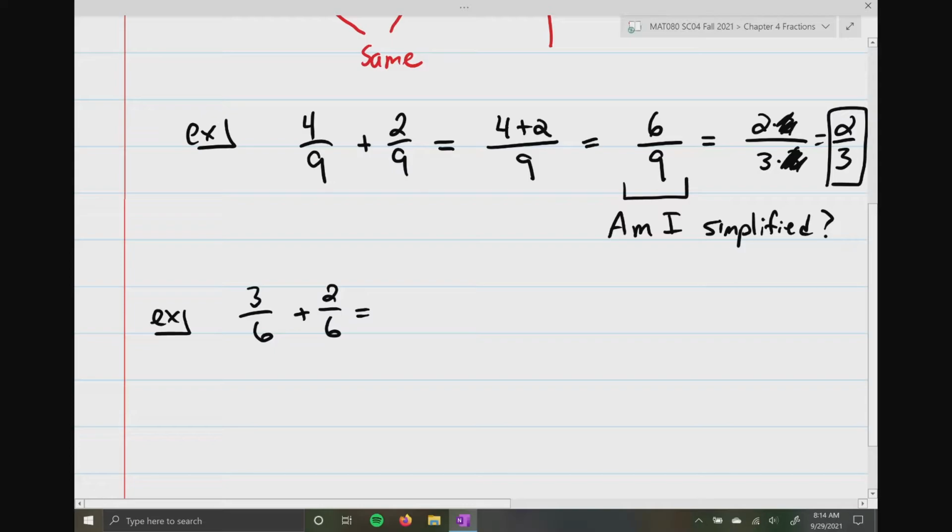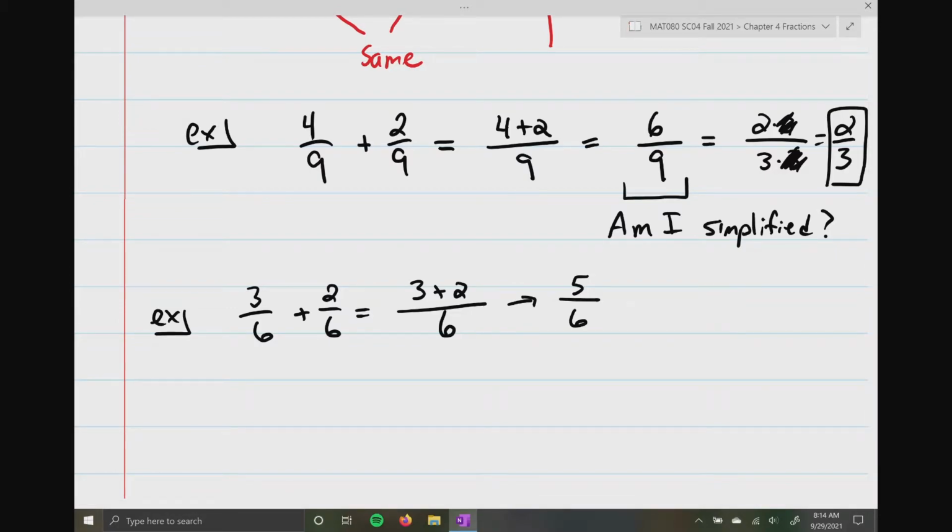Well, I think we're okay. I hear my cats meowing. So 3 over 6 plus 2 over 6. Denominators are the same. Check. Rewrite the problem: 3 plus 2 over 6. Now you add the numerators. 3 plus 2 is 5. Denominator stays the same at 6.